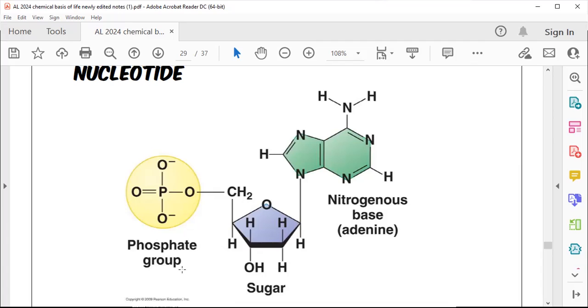Phosphate group, sugar group, nitrogenous base group. This sugar group will be what kind of sugar? It's a pentose sugar. Please mark it down.